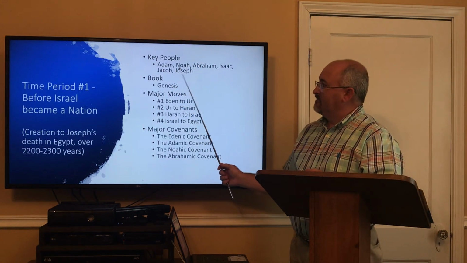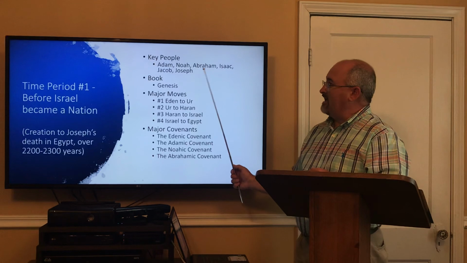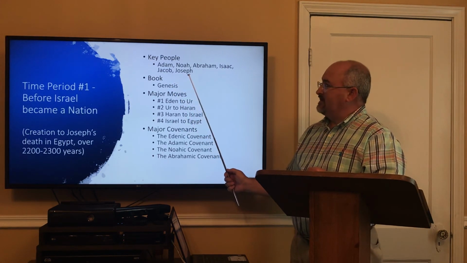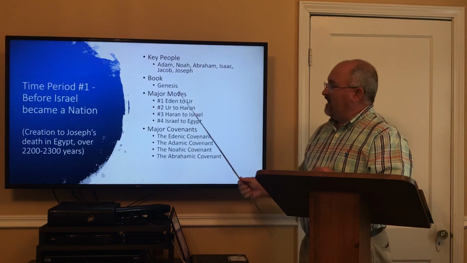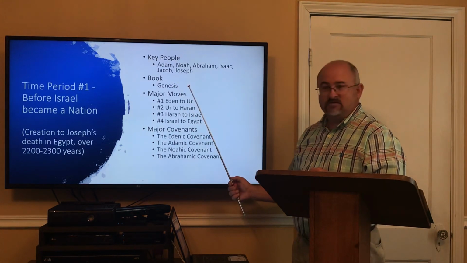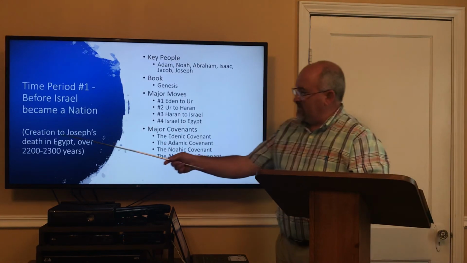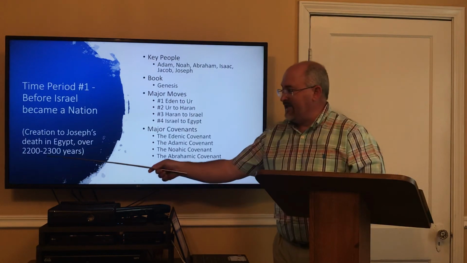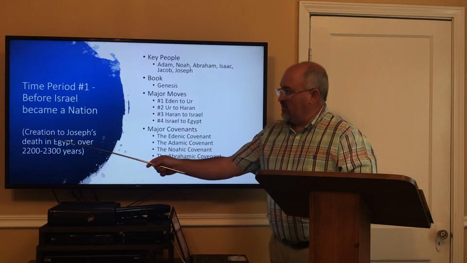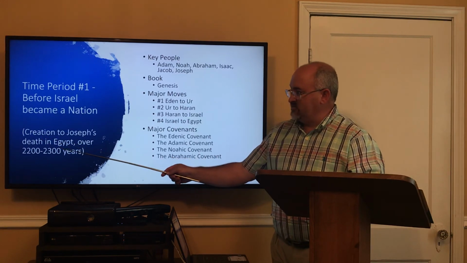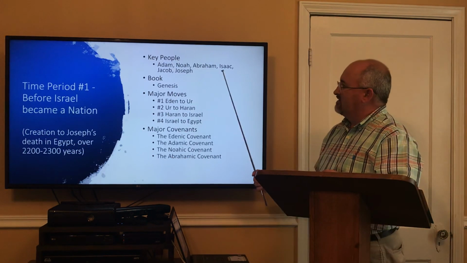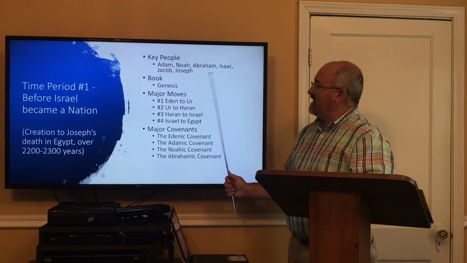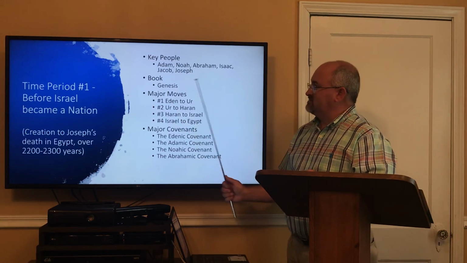Adam, Noah, Abraham, Isaac, Jacob, and Joseph. All right? And where do we find that? In the book of Genesis. Wow. All right, so Genesis covers over a 2,300 year period of time. We go from creation to the death of Joseph in Egypt. And these are our main people: Adam, Noah, Abraham, Isaac, Jacob, Joseph, and Genesis.